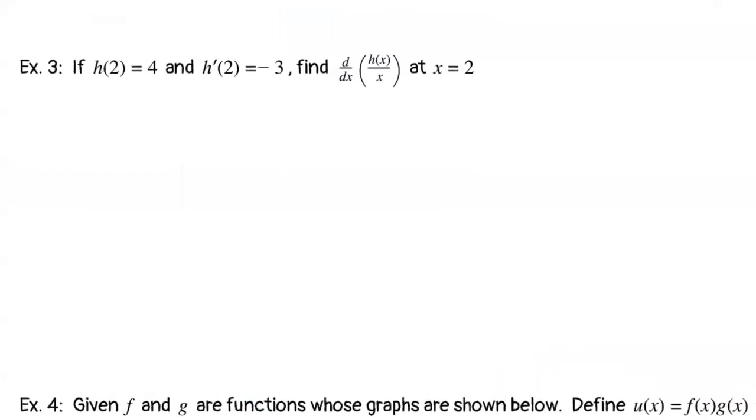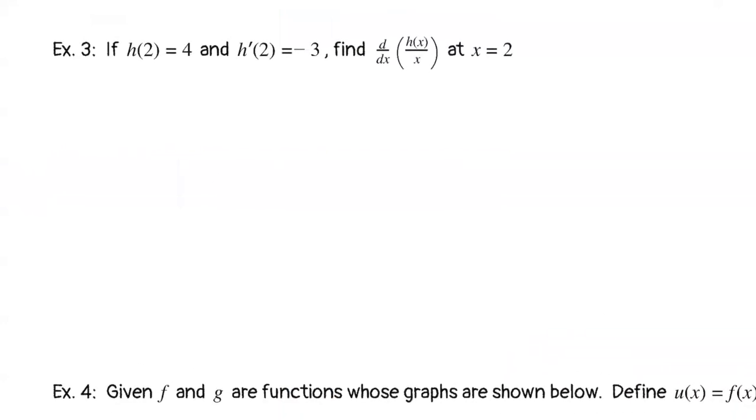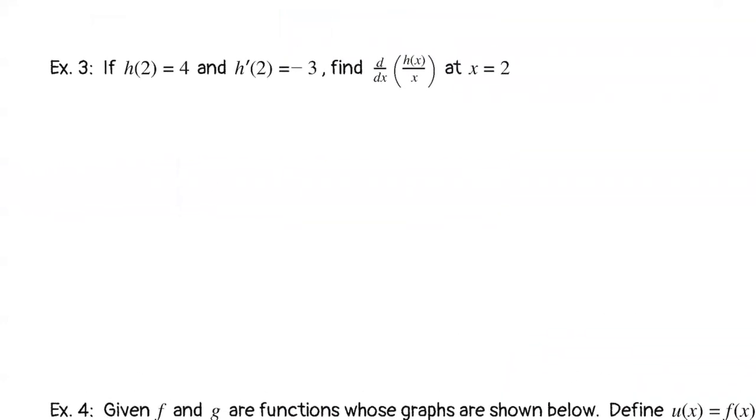If h of 2 equals 4 and h prime of 2 equals -3, find the derivative of h of x divided by x at the specific point 2.